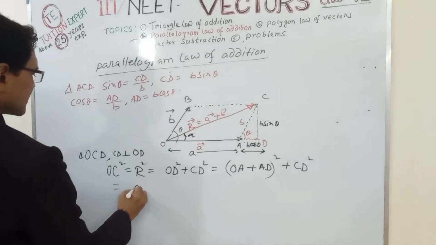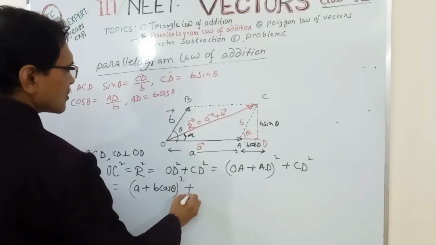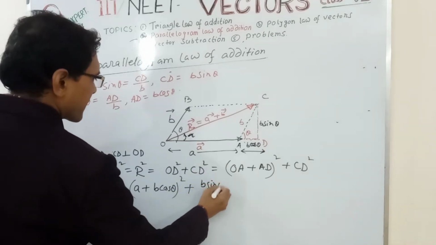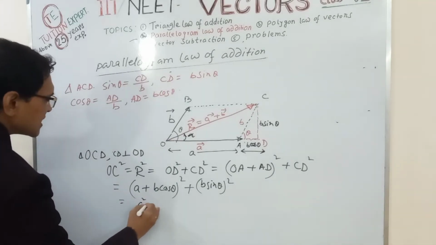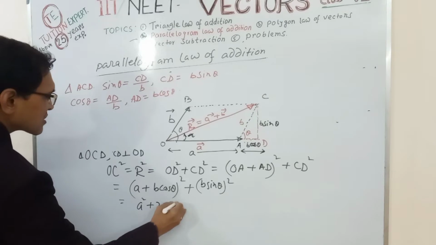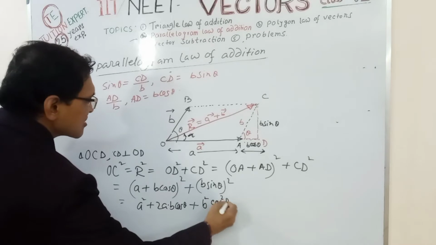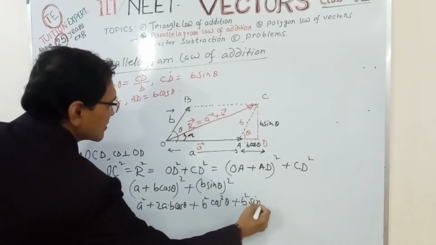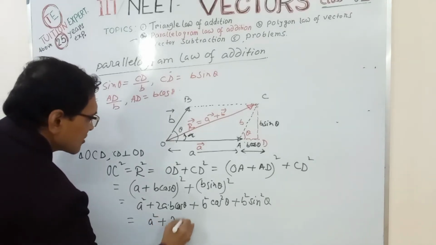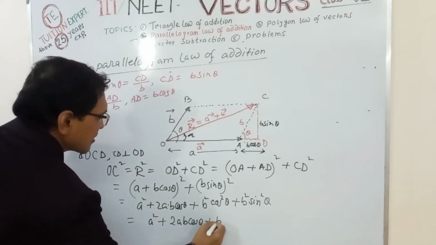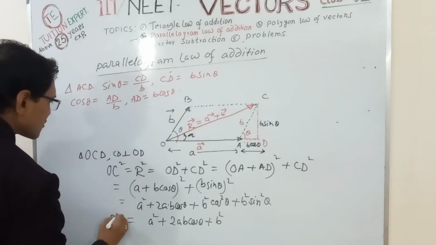OA equals A, AD equals B cos theta, plus CD equals B sin theta. Now expand this: A square plus 2AB cos theta plus B square. Take B square common. So this is the result, this is R square.